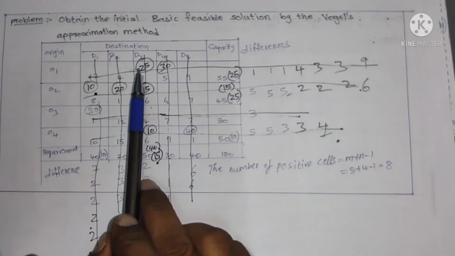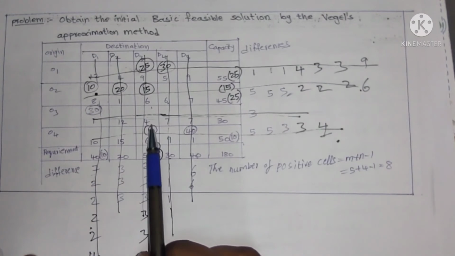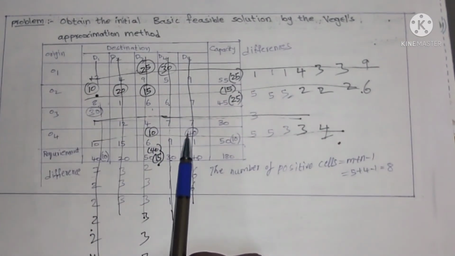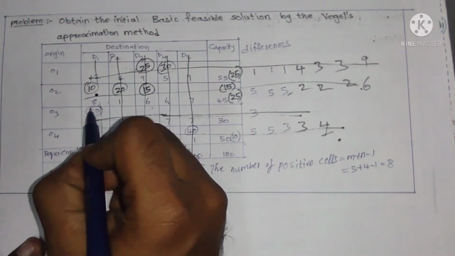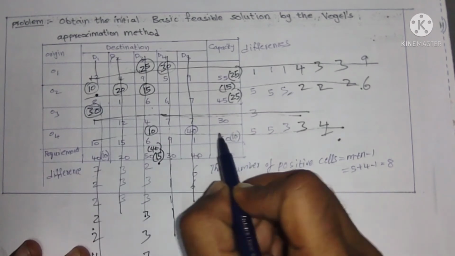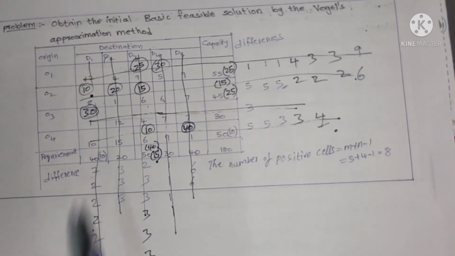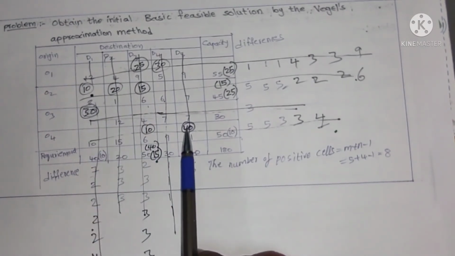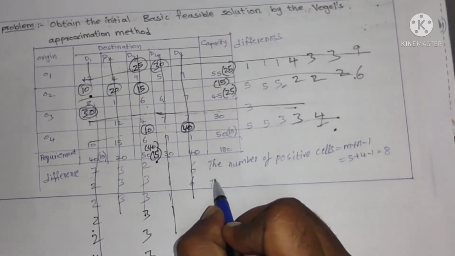How many cells here having? 1, 2, 3, 4, 5, 6, 7 and 8. Okay, number of positive cells are 8. This one is also a positive cell, this is also a positive cell. Okay, so how many positive cells? Number of circled cells, 1, 2, 3, 4, 5, 6, 7 and 8. So number of positive cells are 8. According to the formula, it is also 8. Now this is the initial basic feasible solution.